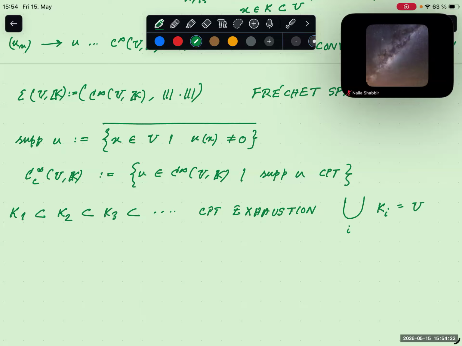In other words, you are making small pieces of this set, or gluing pieces of it, but not in an arbitrary way: the first one is contained in the second one, the second is contained in the third one, and so on. Okay?